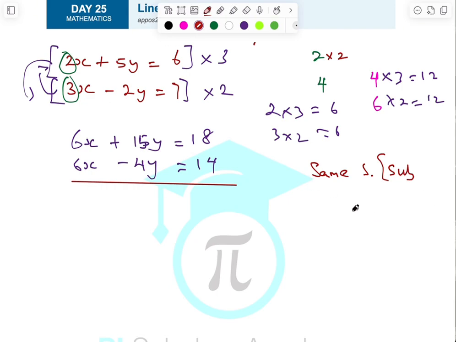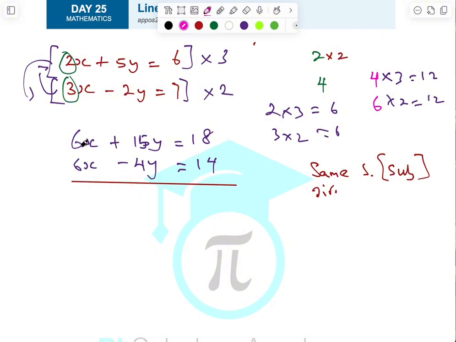And if they have different signs, if one has a negative sign and one has a positive sign, what you're going to do is add. So in this case, I'm going to subtract the two equations from each other.